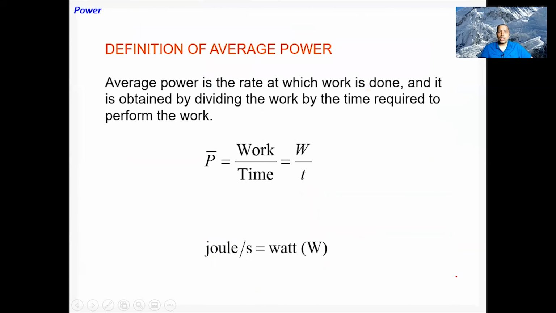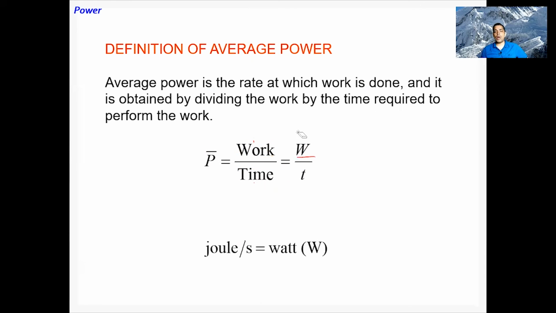Okay. All right. So let's do the definition of power. Then we are done with this chapter. Okay. So the definition of average power. What is power? Power is the rate of doing work, right? If you know the work and the time taken to accomplish that work, then your average power is total work done over total time, which is W over t.